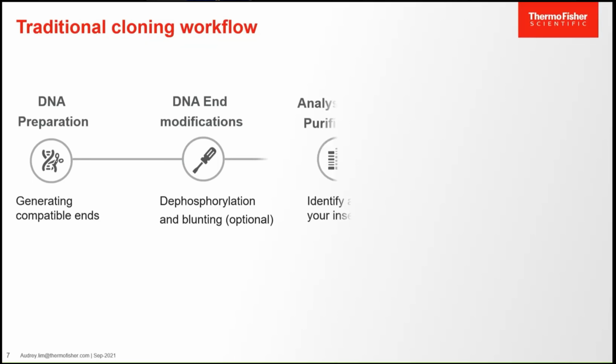Next, the insert and vector are purified by either running on an agarose gel, cutting the appropriate band, and using the spin column method to purify, such as the GeneJET purification kit.